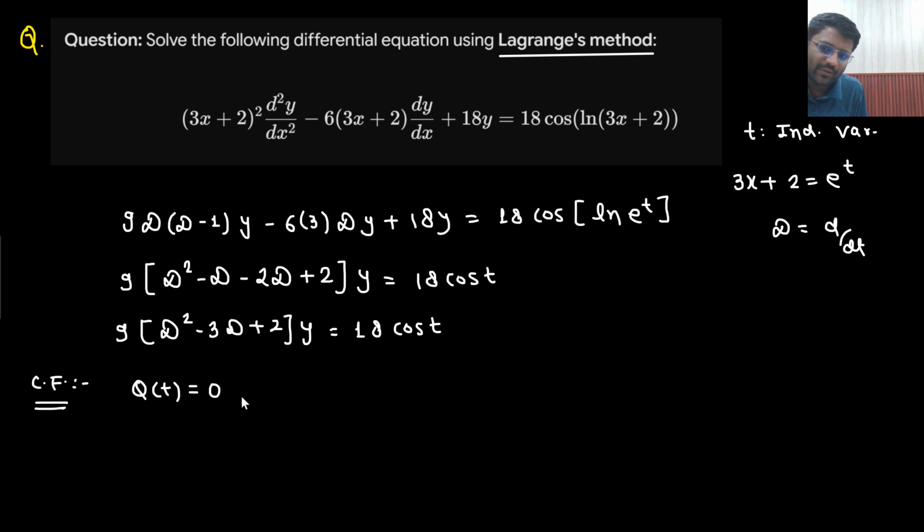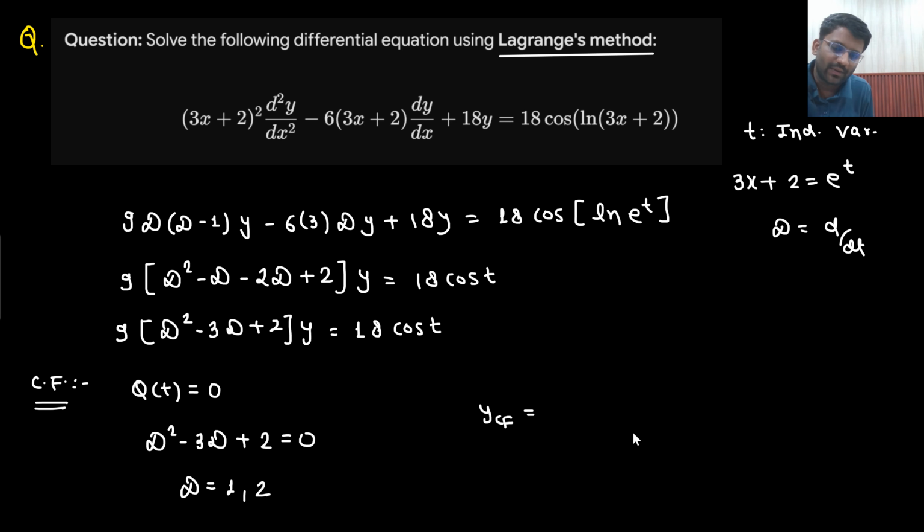Q of t would be equal to 0, d square minus 3d plus 2 equals 0, d equals 1 comma 2. So YCF you are getting is C1 e to the power t plus C2 e to the power 2t.